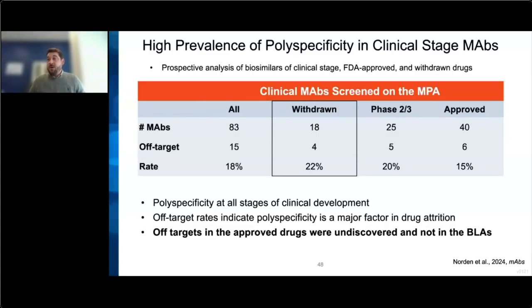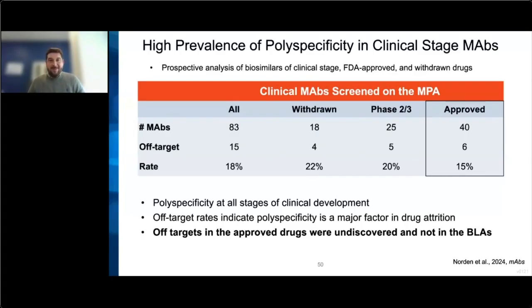The number does go down as things proceed in the clinic, from higher in those withdrawn, lower in phase 2 and 3. But shockingly, even of approved biologic drugs, 15% still demonstrated polyspecificity and unpredicted off targets on our platform. This really surprised us.